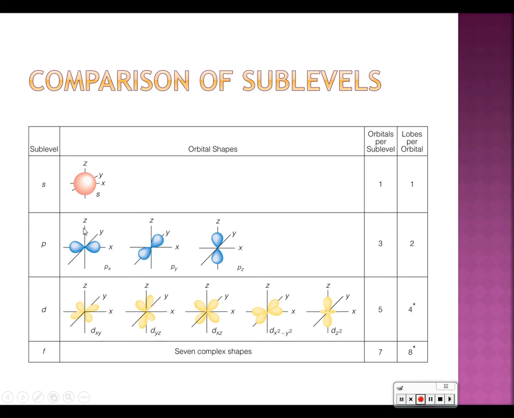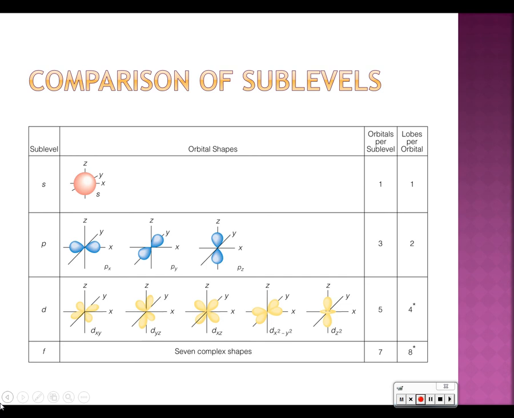P orbitals are all figure 8 or petal shaped. D orbitals are mostly butterfly shaped, although there's one weird one over here. Now, the colors on this drawing do not relate to the colors on our picture. So don't confuse the colors on this chart with the colors in our other picture. These are just general shapes for sublevel orbitals.